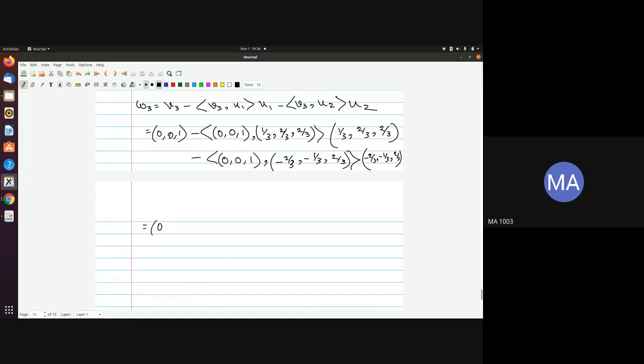So this is 0, 0, 1. What about the inner product? This is 2 by 3 times 1 by 3, 2 by 3, 2 by 3, and again 2 by 3 times minus 2 by 3, minus 1 by 3, 2 by 3.